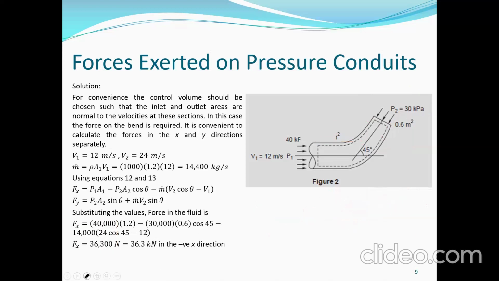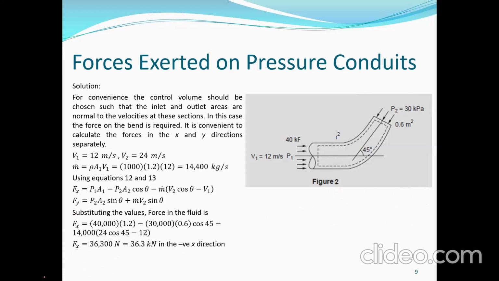Ayun. So, substituting the values, force in the fluid is Fx equal to 40,000 Pascal times 1.2 square meter minus 30,000 times 0.6 times cosine of 45, minus 14,000 times 24 cosine of 45 minus 12. So Fx is equal to 36,300 Newton or 36.3 kilonewton in the negative x direction.